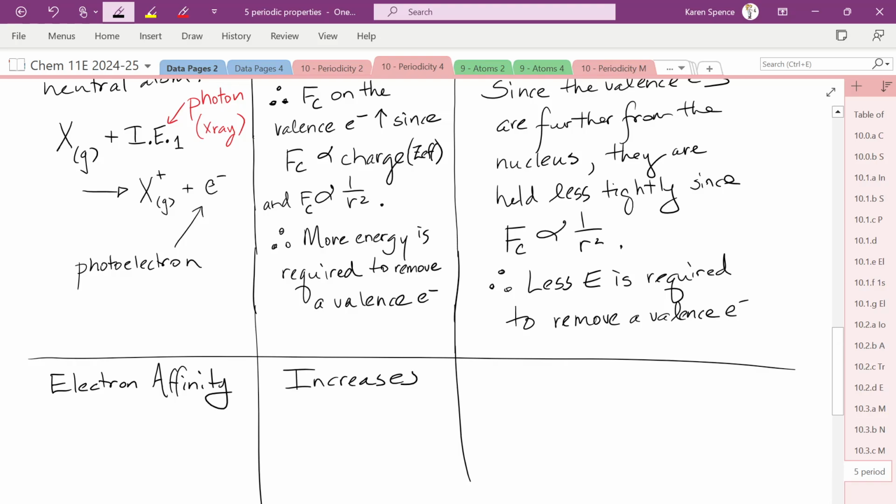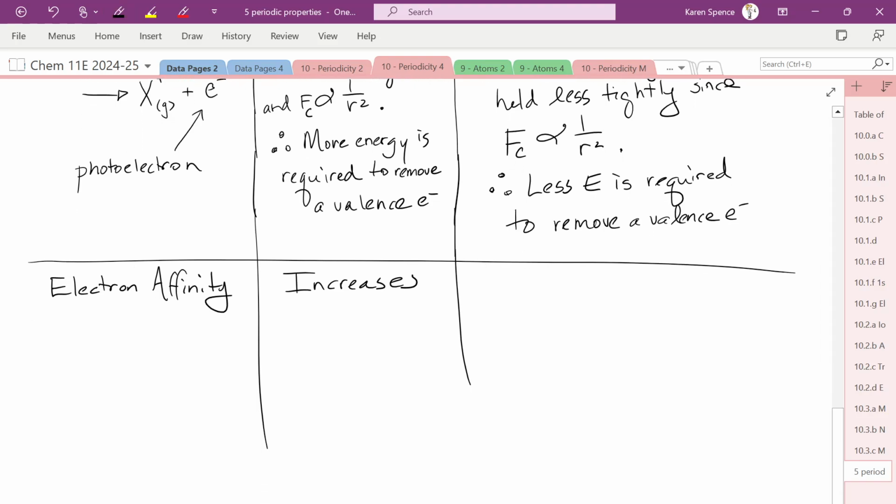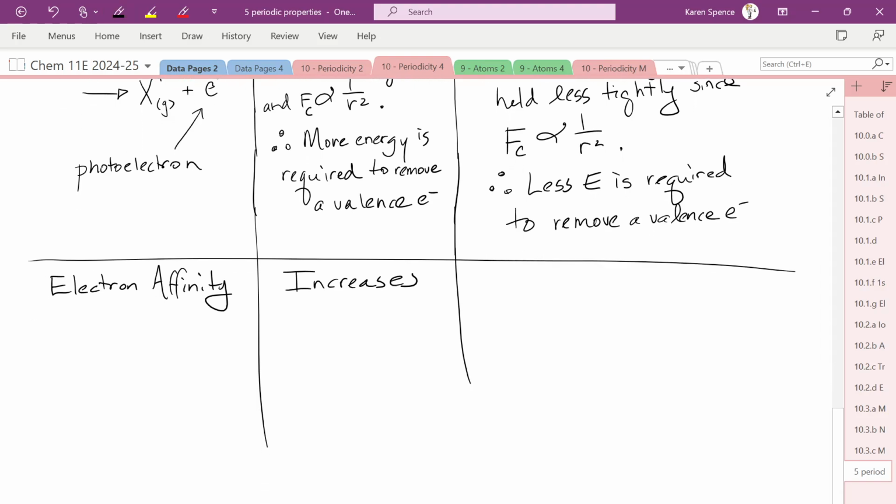Okay, electron affinity increases. And now we're going to ask, what is electron affinity? Tell your partner, what is electron affinity?